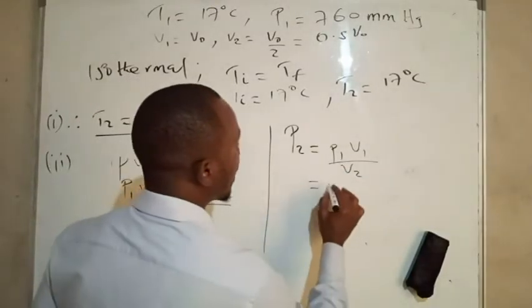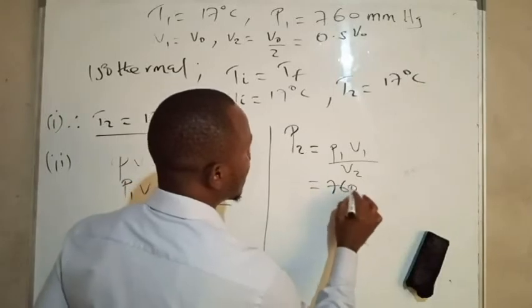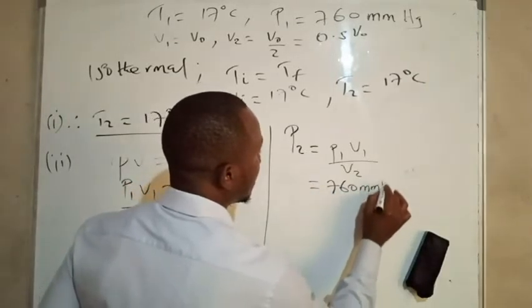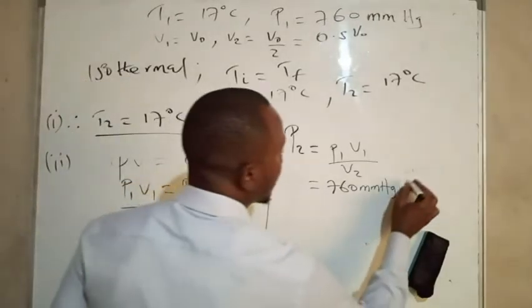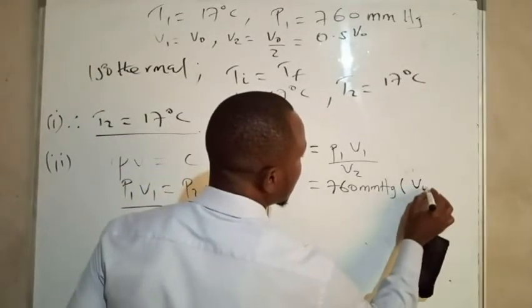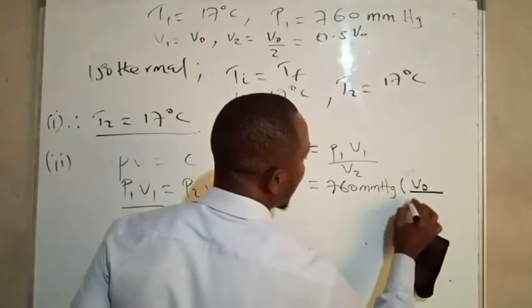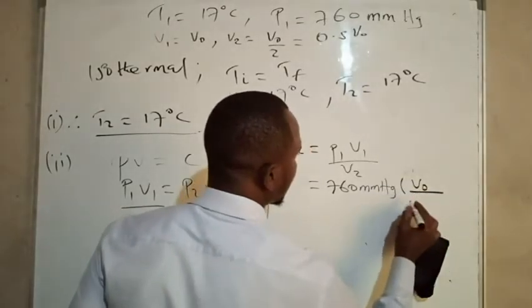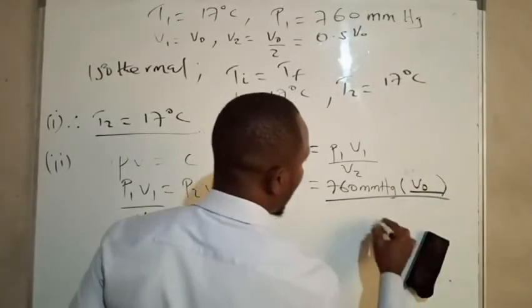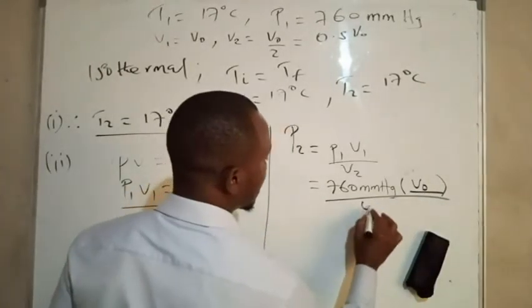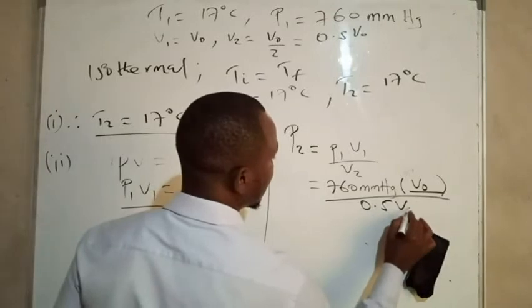So we plug in the values. For P1 we have 760 millimeters of mercury times the V1, which is simply V0, over the V2, which is 0.5 V0.